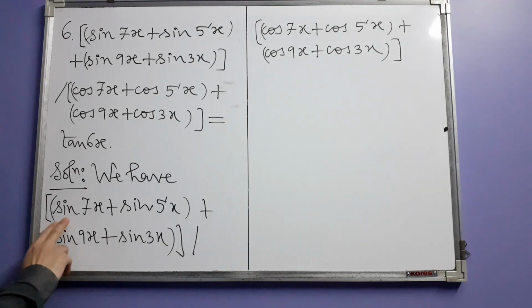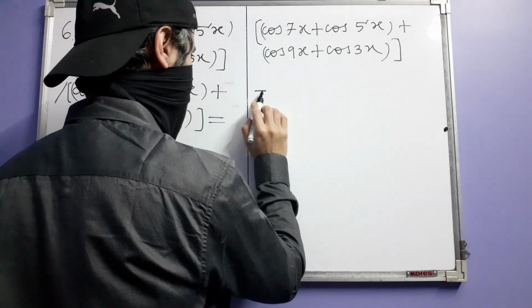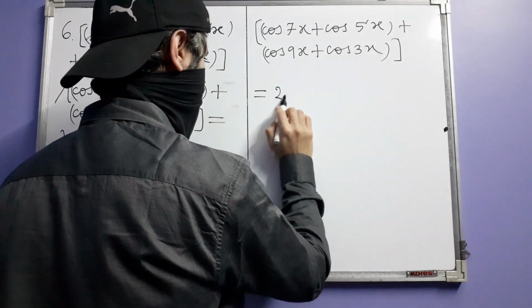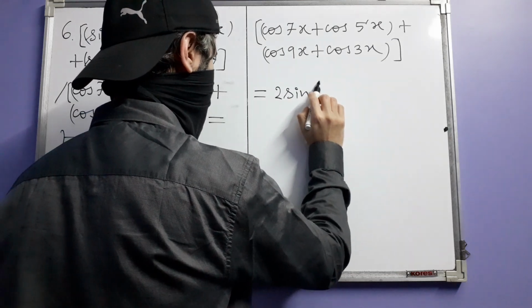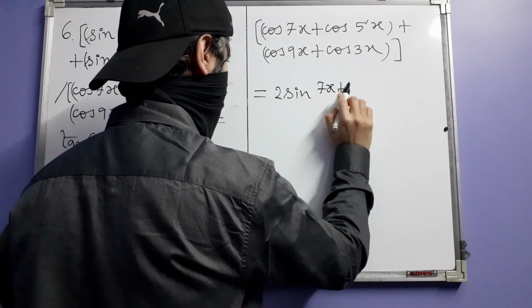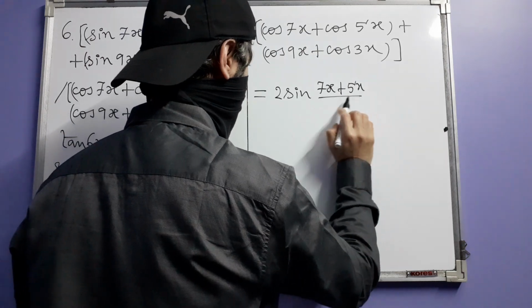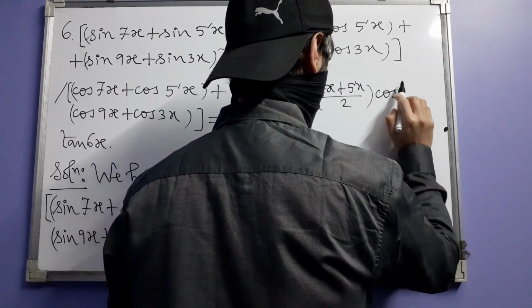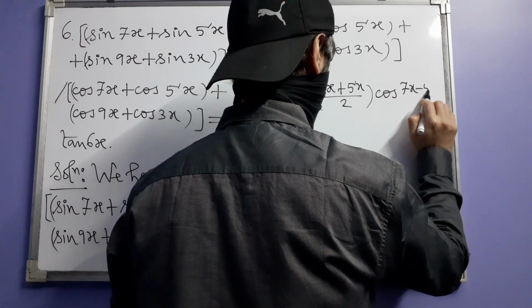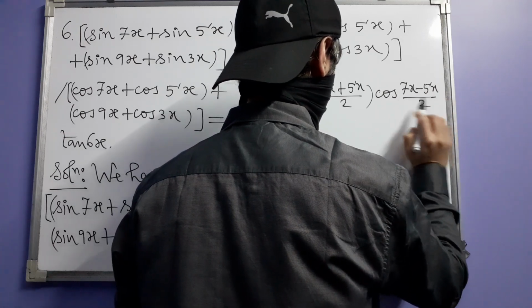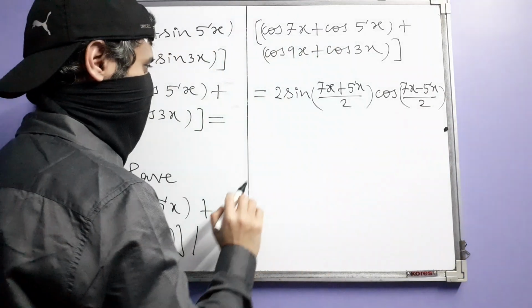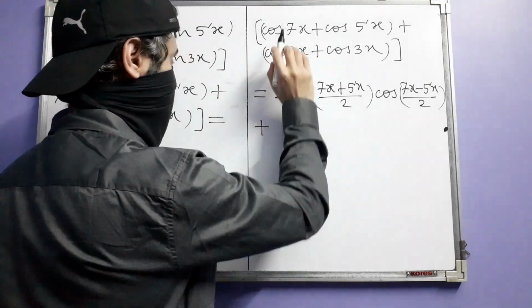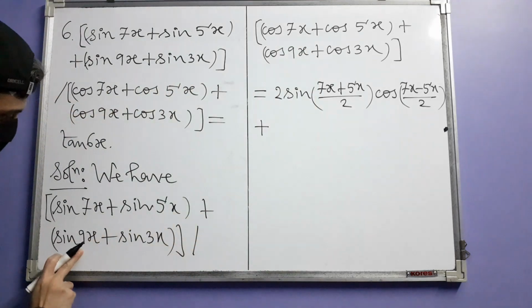So first we have sin 7x plus sin 5x. So that will become 2 sin 7x plus 5x divided by 2 times cos 7x minus 5x over 2, and then 9x and 3x.